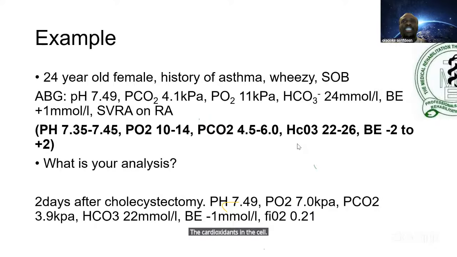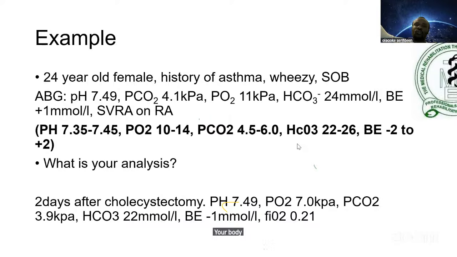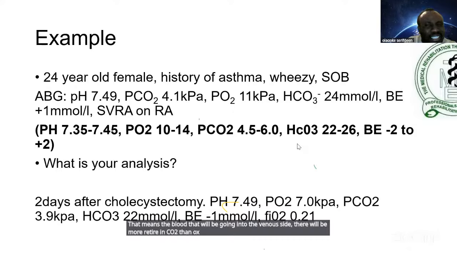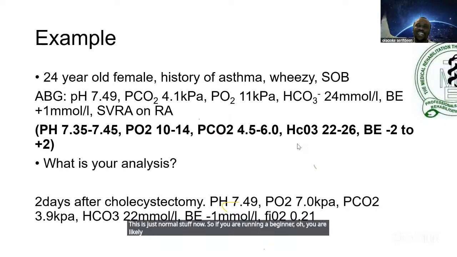Venous. So the oxygen the artery carried to the cell, what does your body do with the oxygen? Your body will combine that oxygen with glucose and CO2 will come out from it. That means the blood going into the venous side will be richer in CO2 than oxygen. This is just normal stuff. So if you are running ABG, you are likely to be checking blood that is very rich in oxygen.